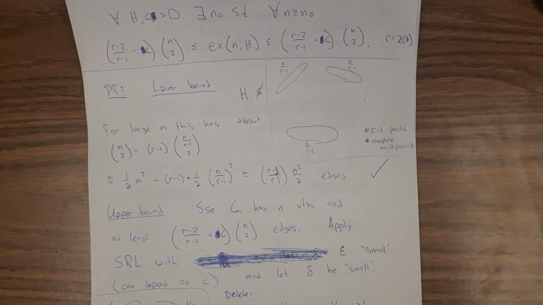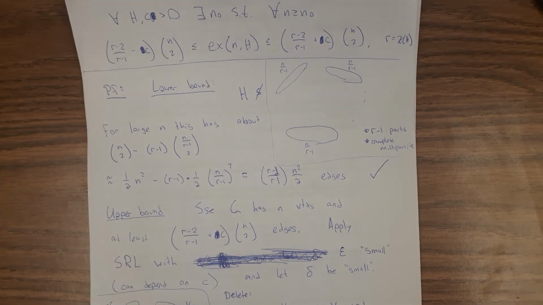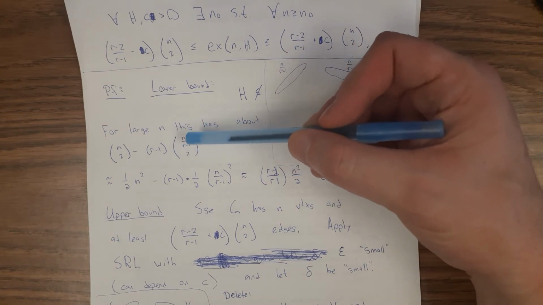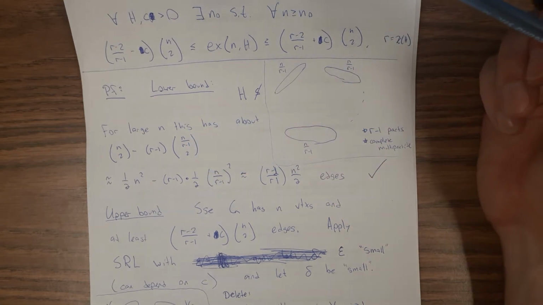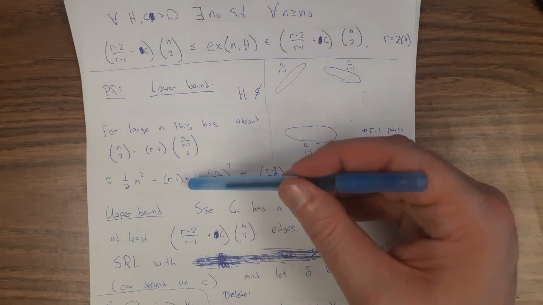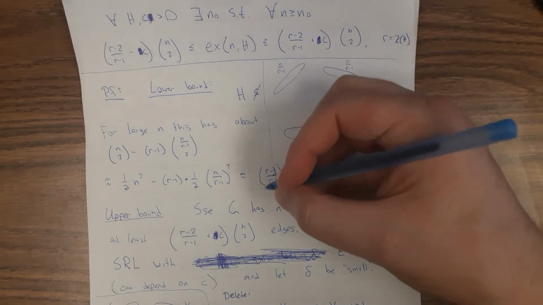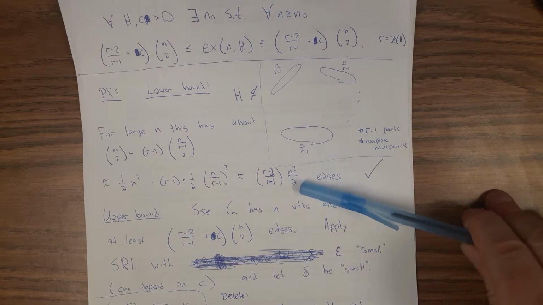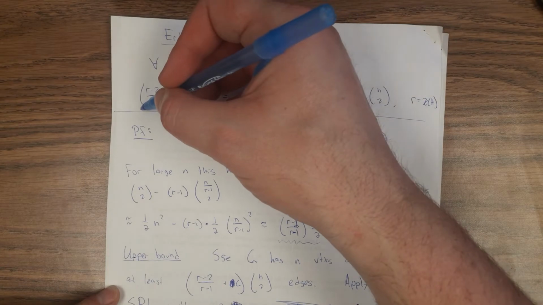And we're assuming that n is large, and for large values, n choose 2 is about 1/2 n squared. And r is fixed, so n over (r minus 1) is also large. So for this choose 2, I can basically say that's about 1/2 times that squared. And then if I estimate that, that's like (r minus 2) over (r minus 1) times n squared over 2 edges, and that is more than this.